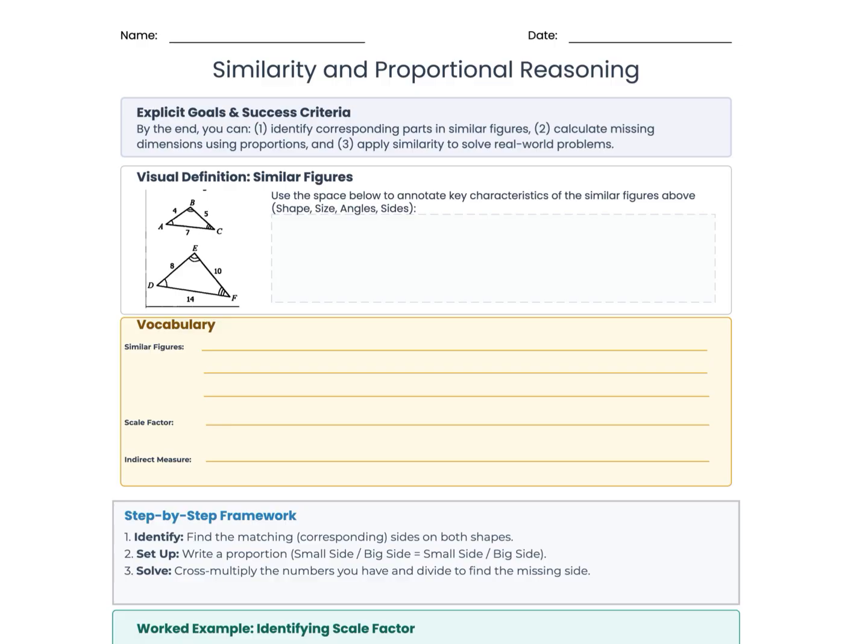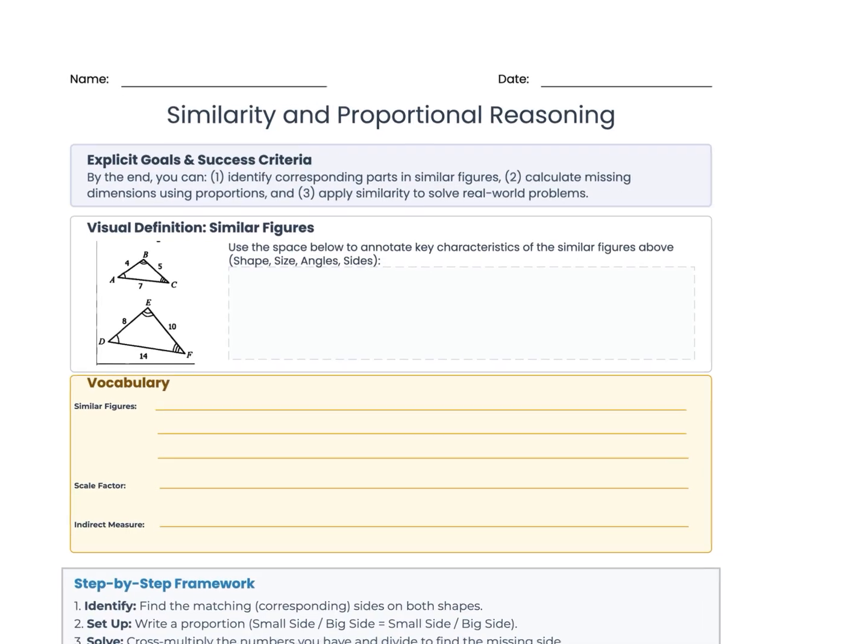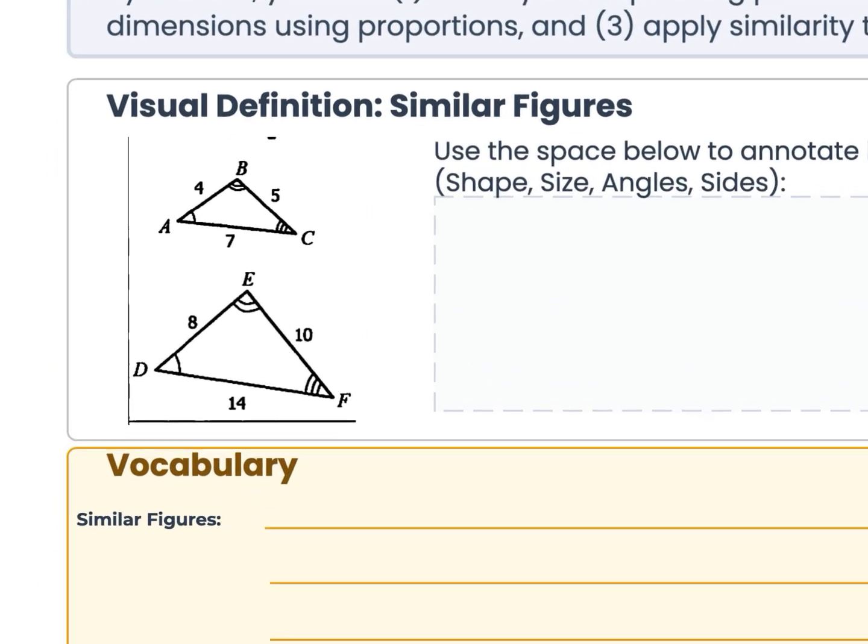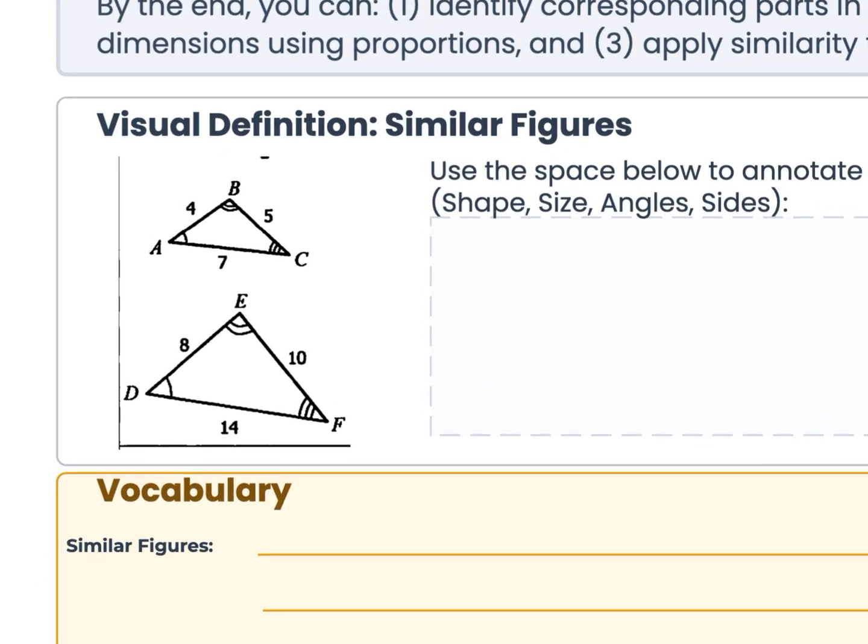So today what we're going to talk about is how we can use similar figures and how they use proportional reasoning to help us, kind of like we've been doing in the past, figure out unknown quantities. Now, when we talk about similar figures, we're talking about shapes that look like these two triangles.